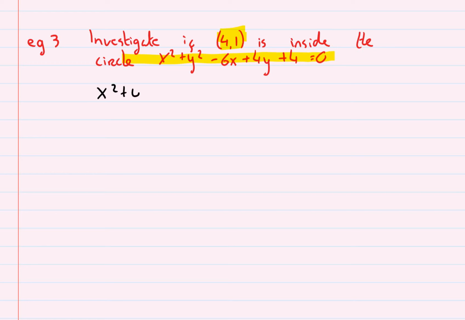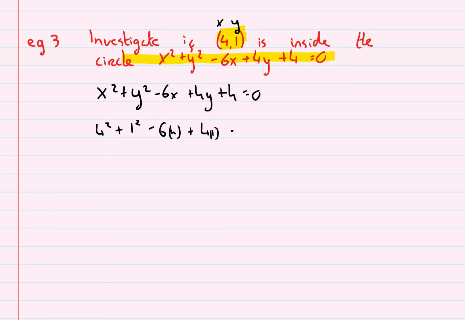x squared plus y squared minus 6x plus 4y plus 4 equals 0. Slot in our points. This is our x, this is our y. So we have 4 squared plus 1 squared minus 6 by 4 plus 4 by 1 plus 4 equals 0. So we have 16 plus 1 minus 24 plus 4 plus 4 equals 0.